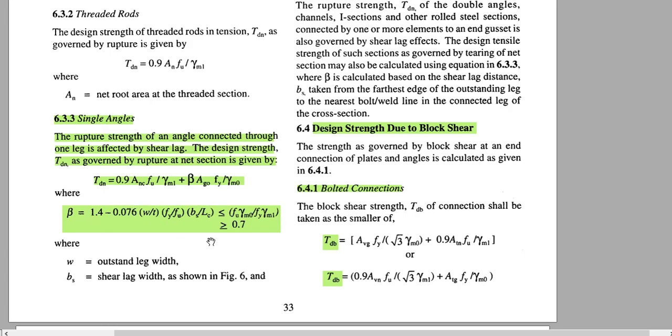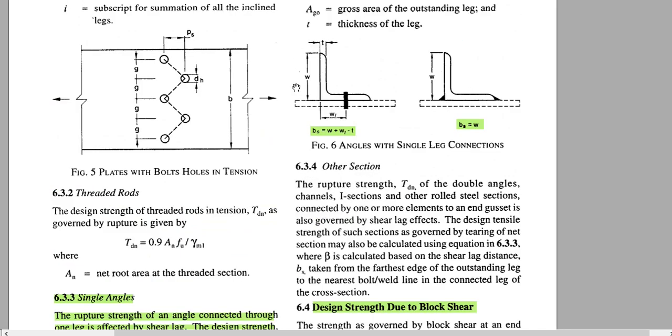It should be less than or equal to this value, and this value should be greater than or equal to 0.7. Now what is W? W is the outstand leg width, that means this one. In this figure, this leg is connected and this leg is not connected. So this is the W actually, the outstanding leg.